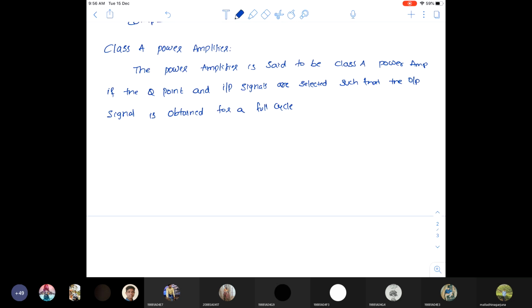For this, the position of the Q point is approximately at the midpoint of the load line.